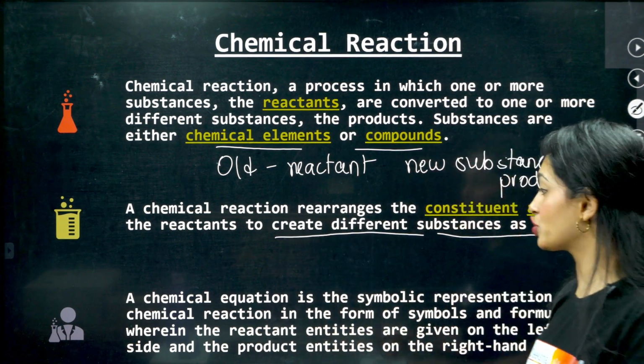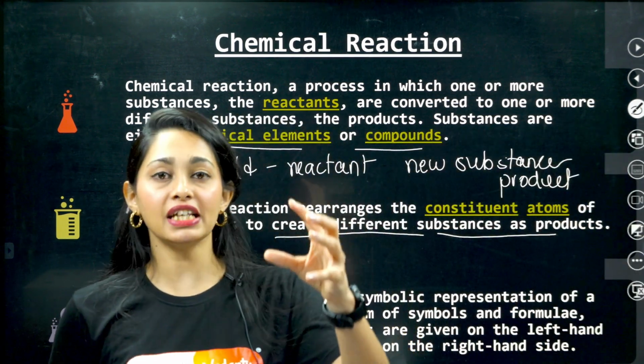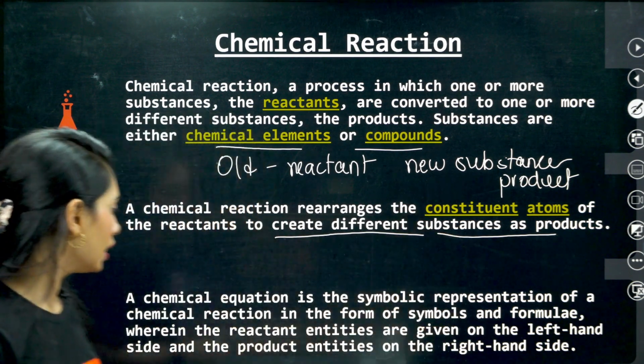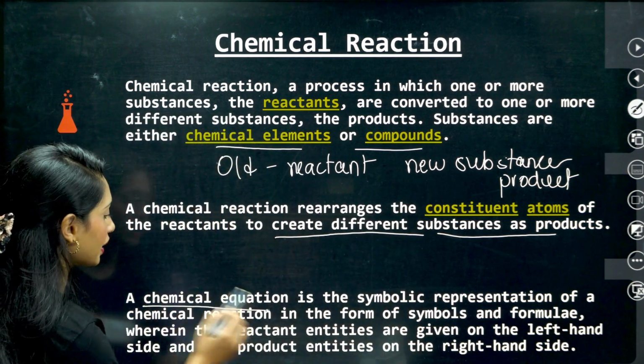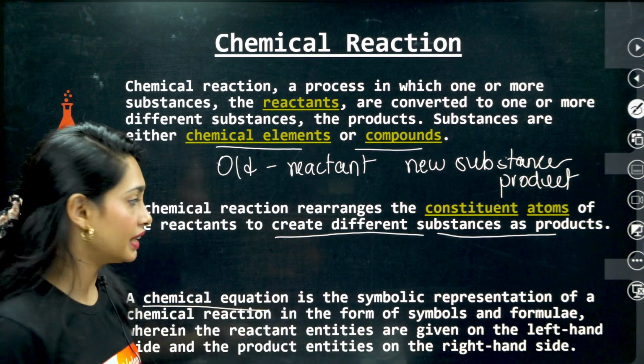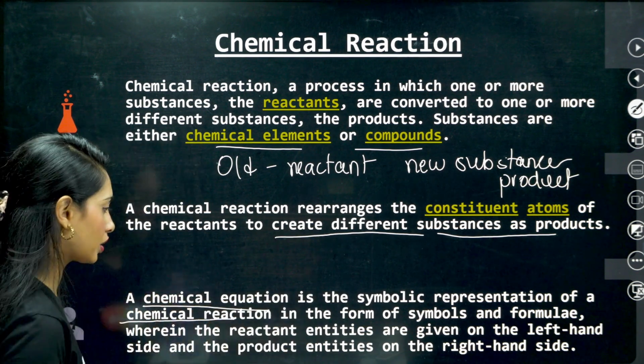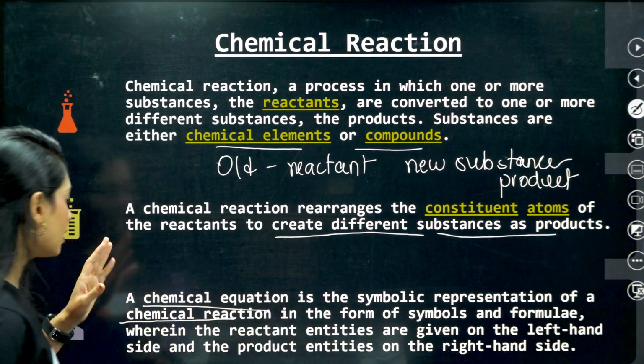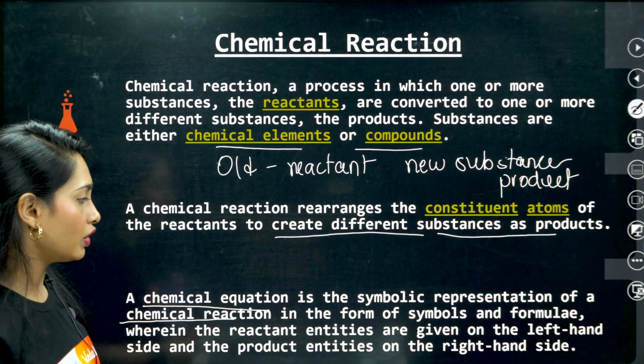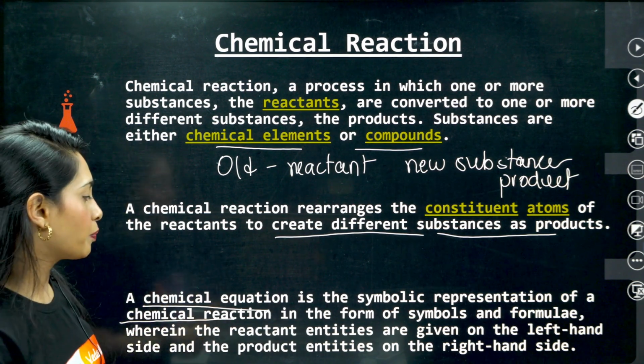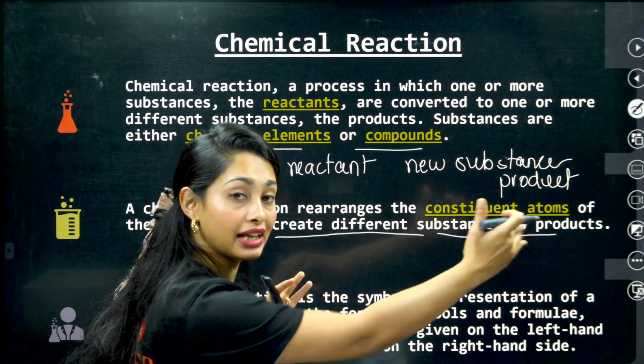A chemical equation. We are going to represent a chemical reaction using a chemical equation. A chemical equation is the symbolic representation of a chemical reaction in the form of symbols and formulae, wherein the reactant entities are given on the left hand side and the product entities are given on the right hand side.